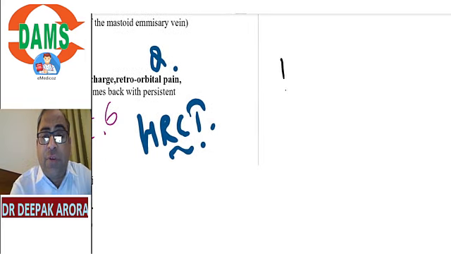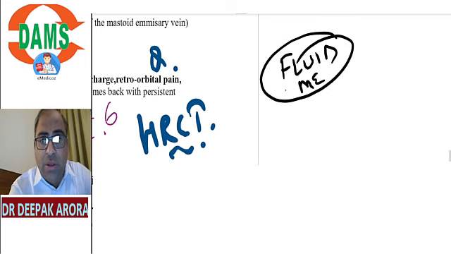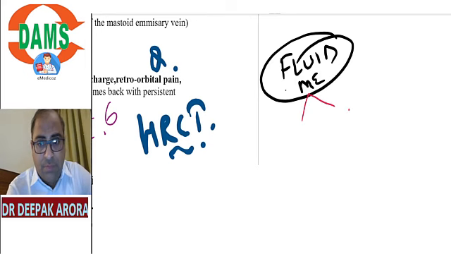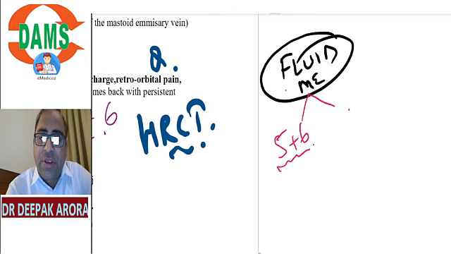If there is fluid in the middle ear with 5th and 6th nerve palsy, this is your Gradenigo syndrome. Which part are we talking about? Petrous bone.